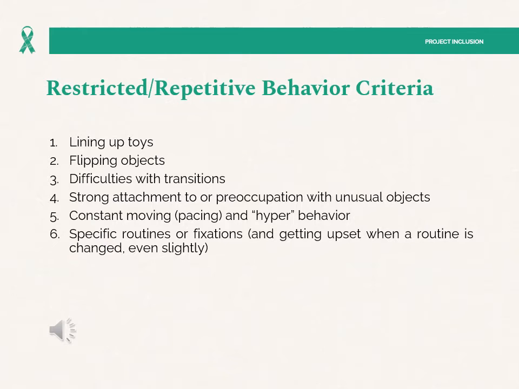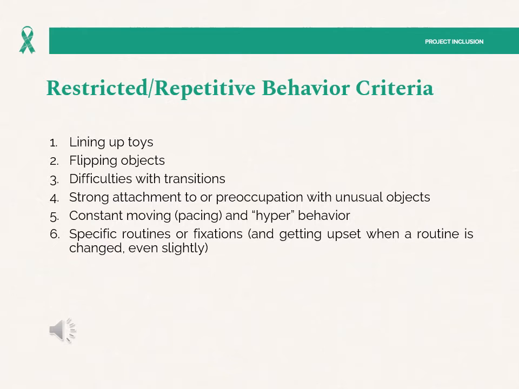Fourth, strong attachment to or preoccupation with unusual objects. For example, a child may be so close with an inanimate object, which has no life. He or she may keep that object very close all through the day, even while sleeping.